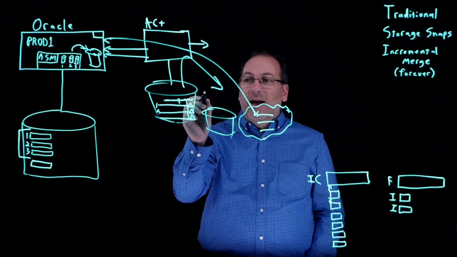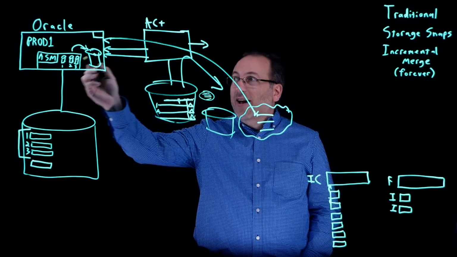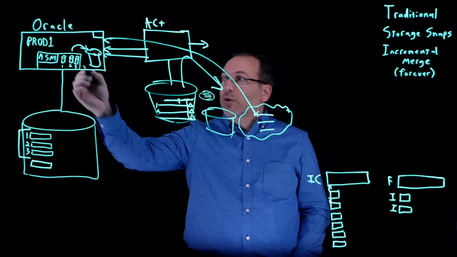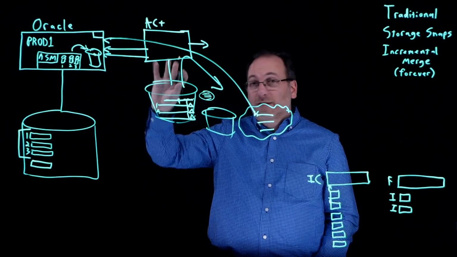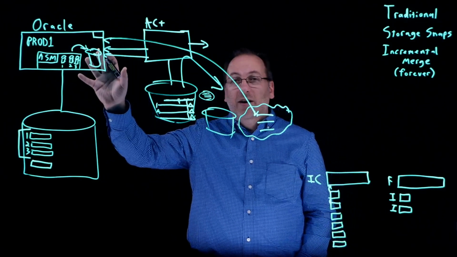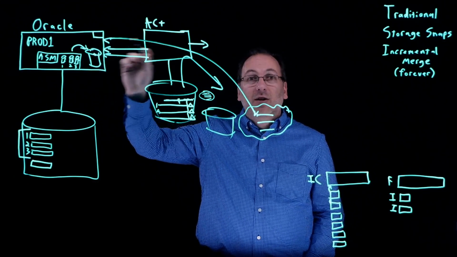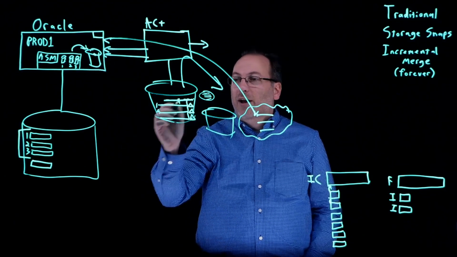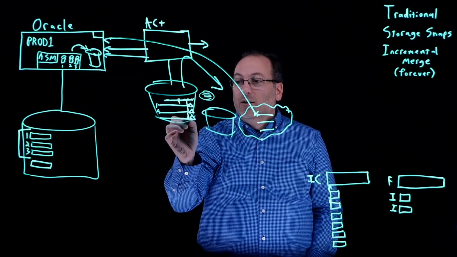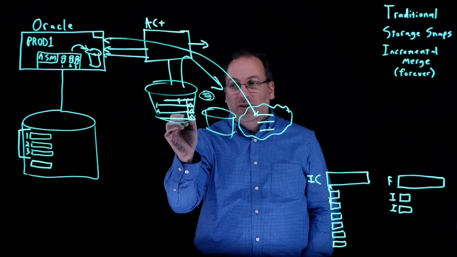Actifio has a patented fingerprinting technology that we have implemented so that for every backup image we take, we read from the production copy a selected set of blocks, different every time, and generate a unique fingerprint based on those blocks. Then on the Actifio side, we read the same blocks after we've copied them, generate that fingerprint, and we store the fingerprint along with each one of these images on separate disk in a separate place, but associated with each image.